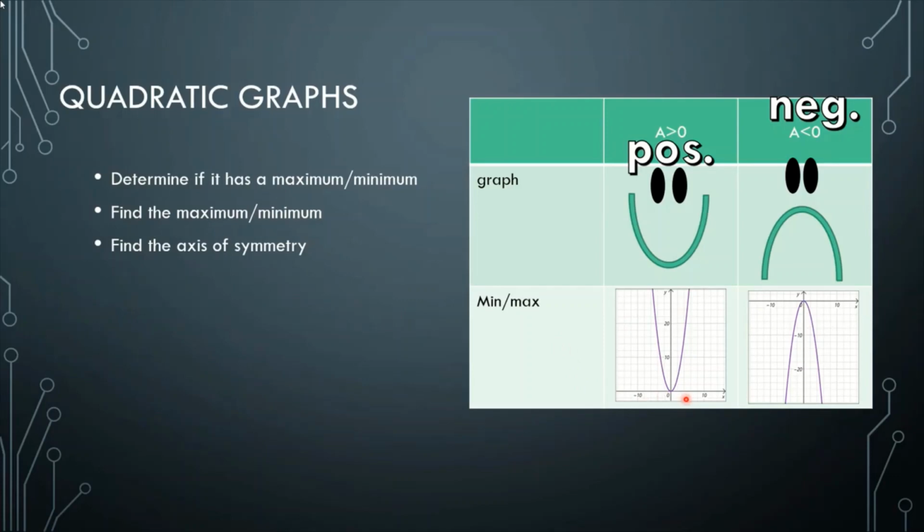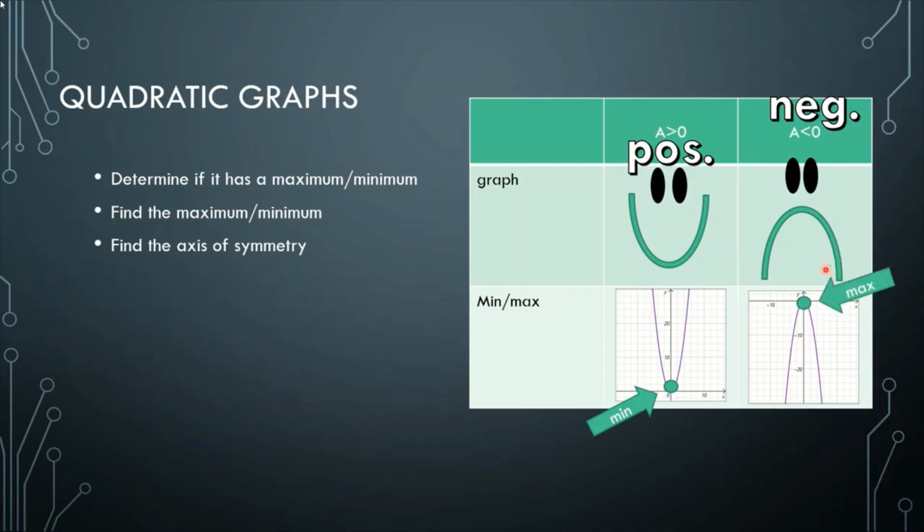Just by looking at it, you know that the vertex is going to appear on the bottom, and so that would be a minimum. Just by looking at this one, you know that the vertex is going to appear on the top, and so that's going to be a maximum.